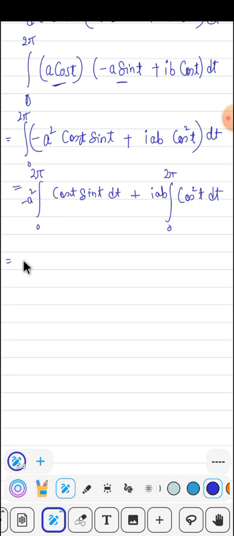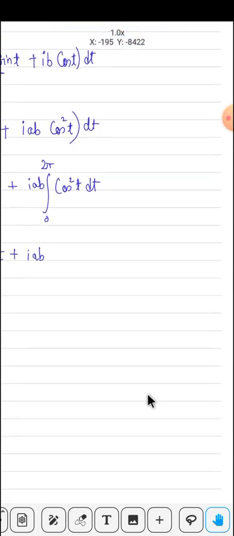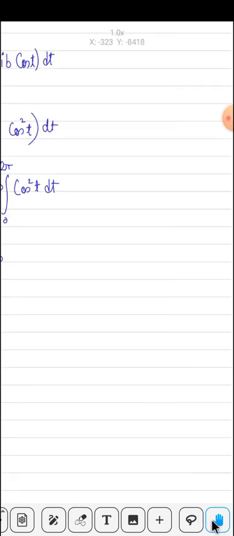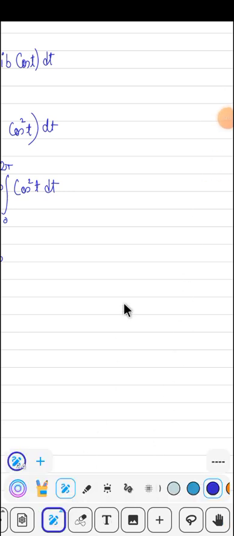All I have to do is multiply and divide by 2, so I am left with 2 cos t sin t dt plus i a b. Now I think you have done this many times: cos 2x is equal to cos square x minus sin square x, right?